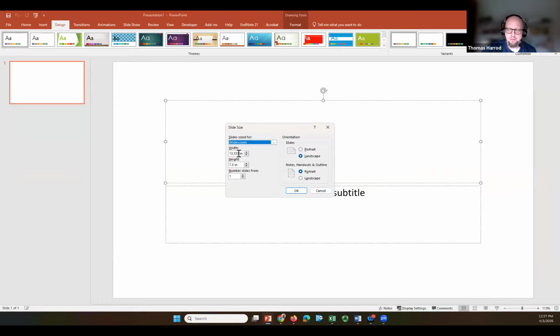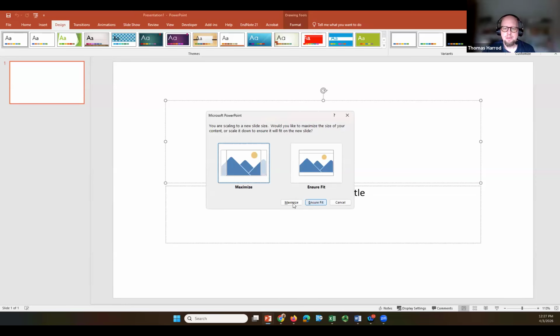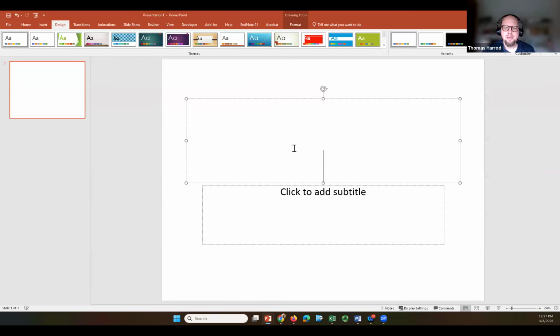In this case, let's say School of Public Health 42 by 42, but if it was something else, I can write that in here. And then maximize. Now if this were to be printed out, it would print out 36 by 48.